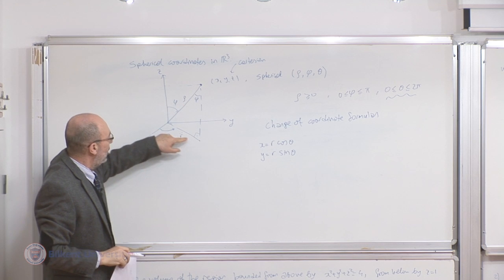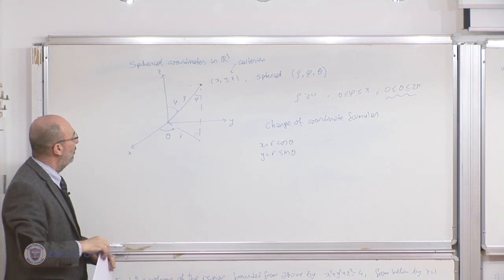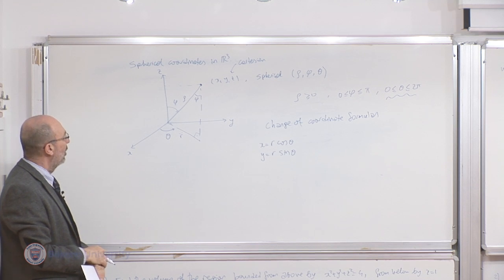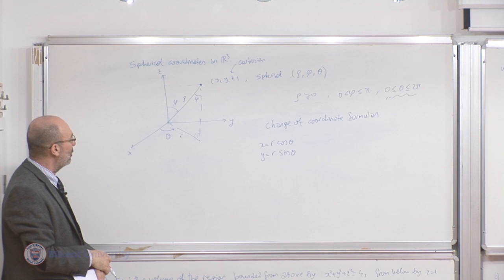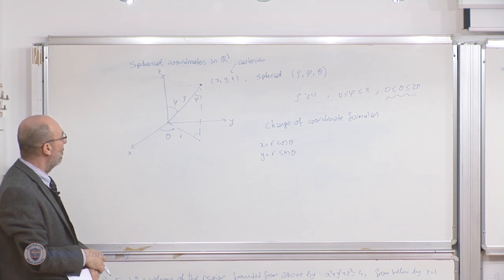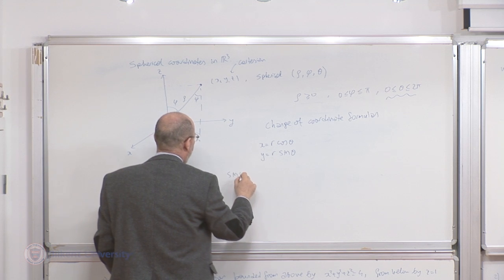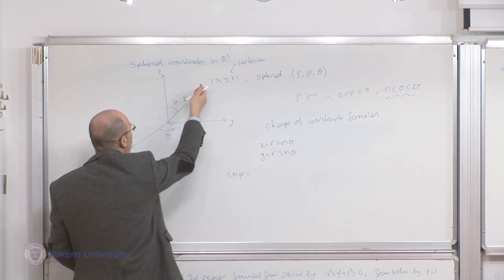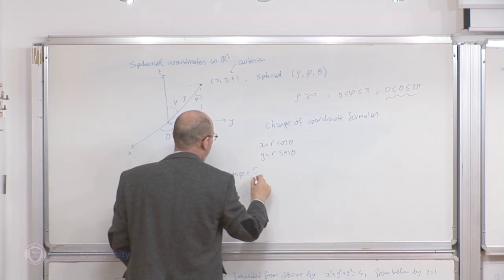In this triangle, what is the relation between r and phi? Sine phi is equal to, well, this is the hypotenuse, right? This is the right angle, so this is r over rho.